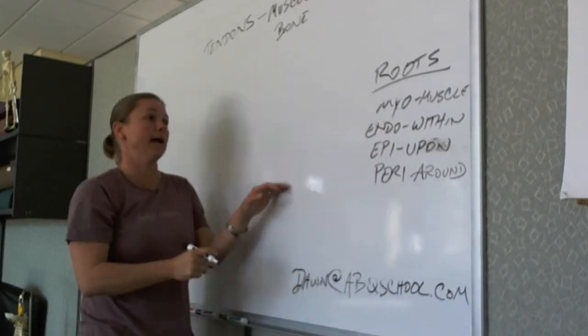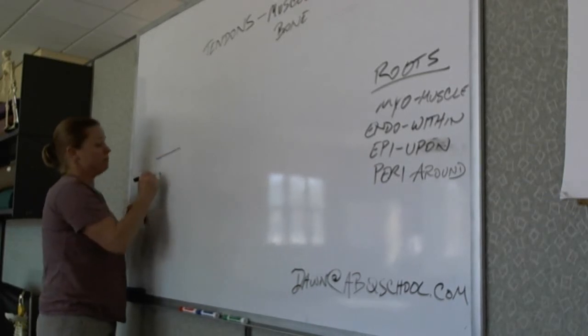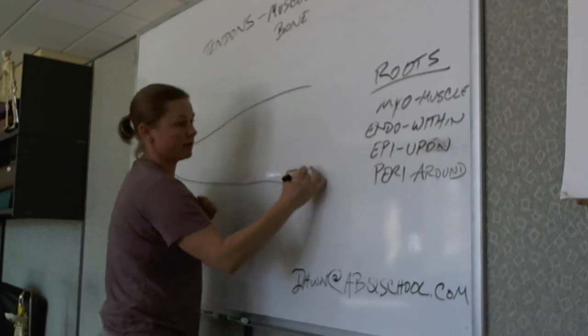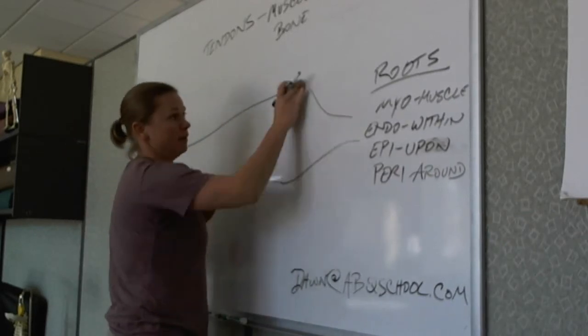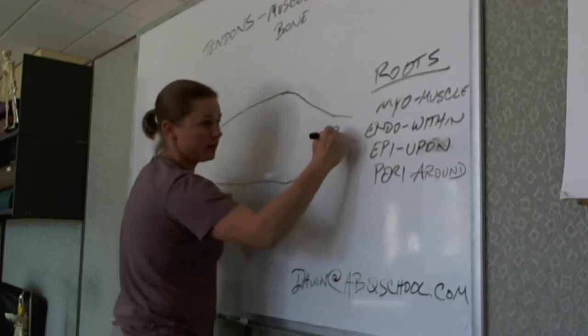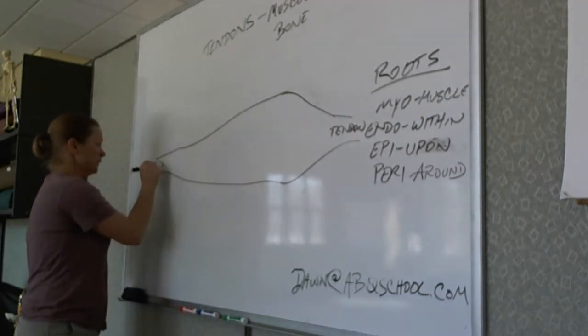Okay, so let's look at these tendons. Now, if you look at a muscle, I always get a nice little drawing that looks like this, right? Not all muscles are created equal, so this is a tendon here, and this is a tendon here.